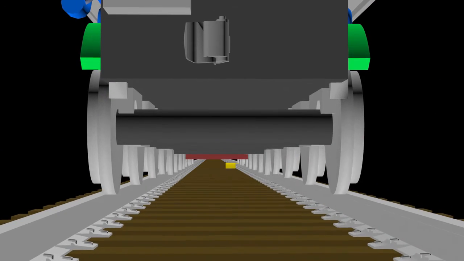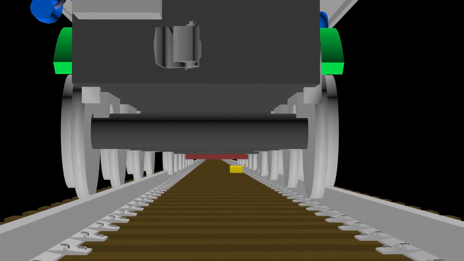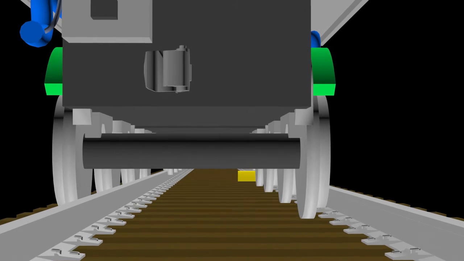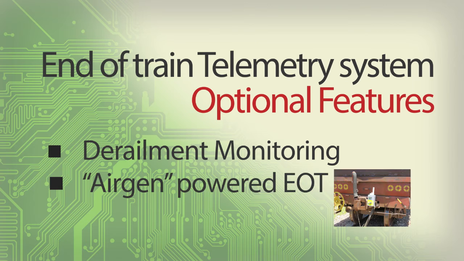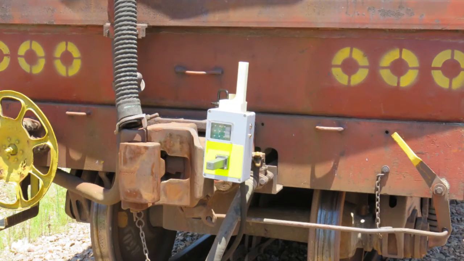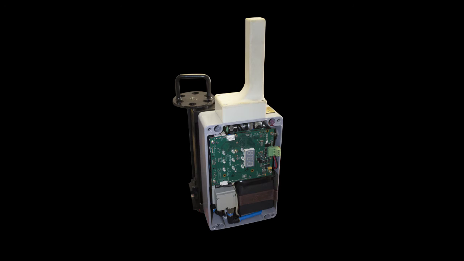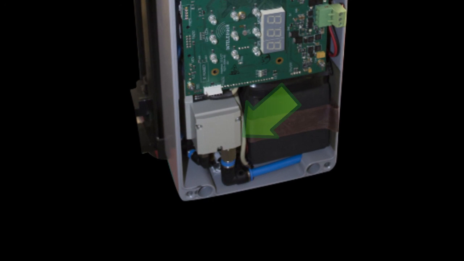When a train starts derailing and it passes the DED on the rail, it will detect that the train has started derailing and let the end-of-train telemetry system know about the derailment. An EOT which is mounted on the last wagon of a train uses a battery as its energy source. An airgen can be added as an infinite energy source. The airgen acquires its energy from the pressure in the air brake line.